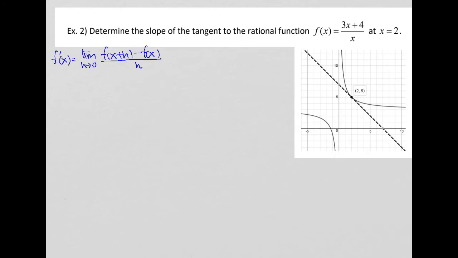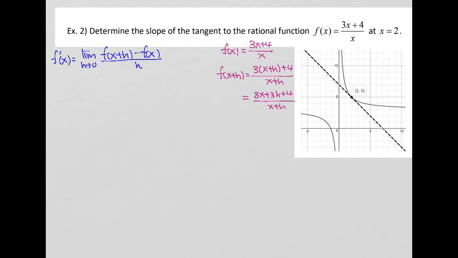And the next thing is we want to find what's f of x plus h. So we know f of x equals 3x plus 4 over x. So f of x plus h will become 3 bracket x plus h plus 4 over x plus h. Expand and simplify. So 3x plus 3h plus 4 over x plus h.